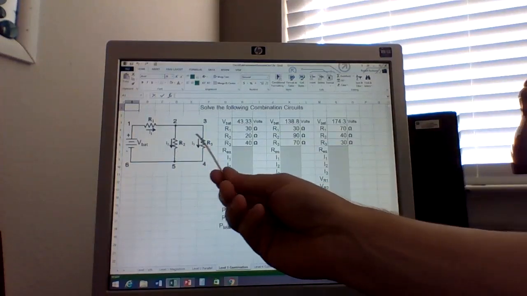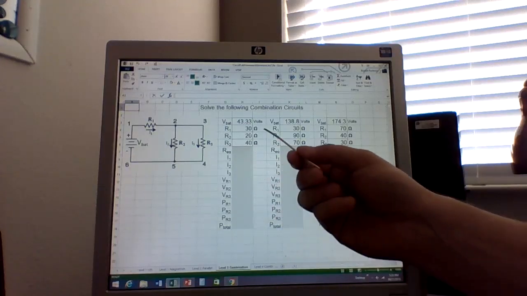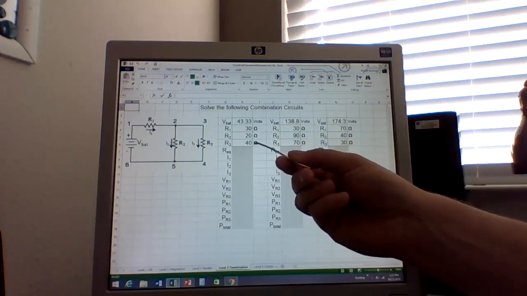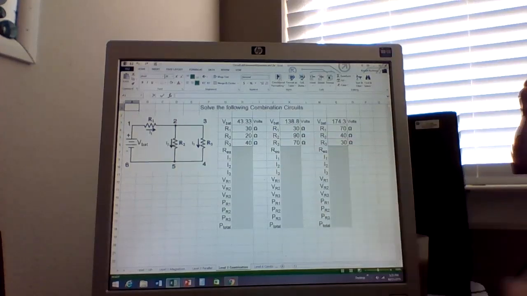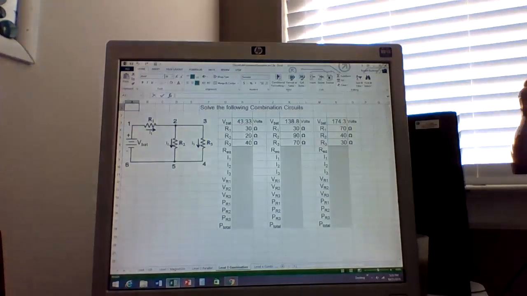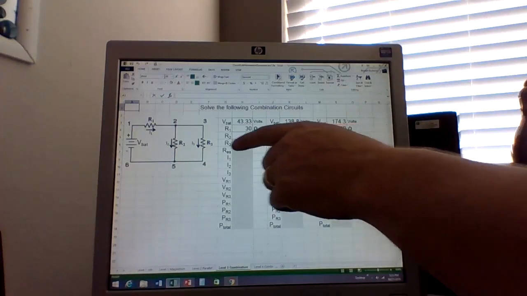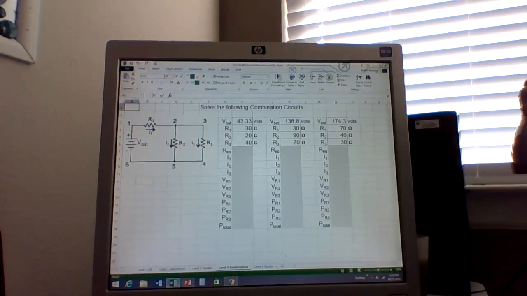So what we want to do is we want to combine R2 and R3 together. Now, if R2 and R3 are 20 and 40, real quickly, they're combined. What should that be? Come on, let's try to type that together. So we're combining 20 and 40 together here. What's that equivalent resistance? And while you're doing it, I'm going to actually do it on my calculator.